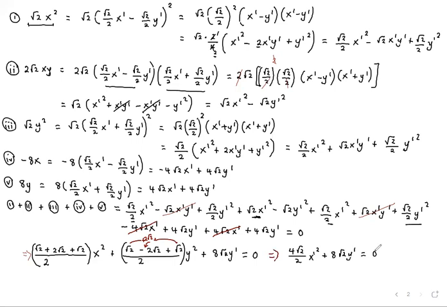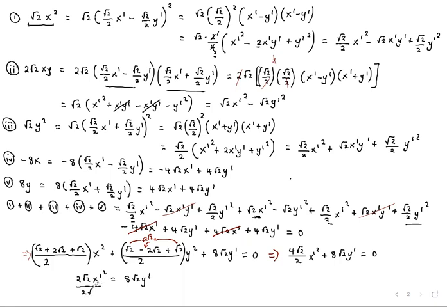Again, if we do the division here, we remain with 2. So we have 2 root 2 x prime squared. If we take the other guy to the other side, it will go as 8 root 2 y prime.